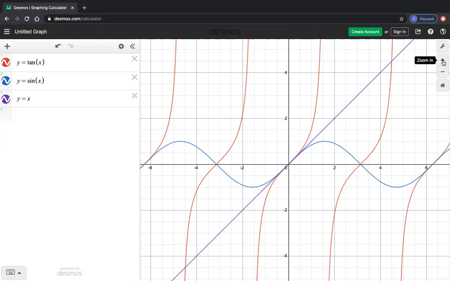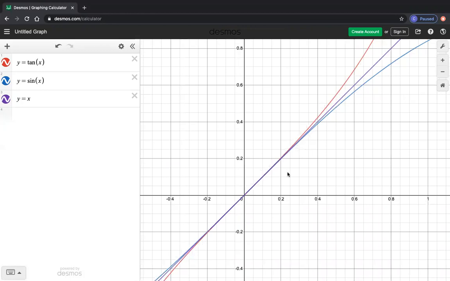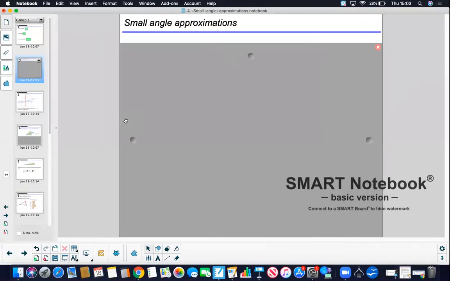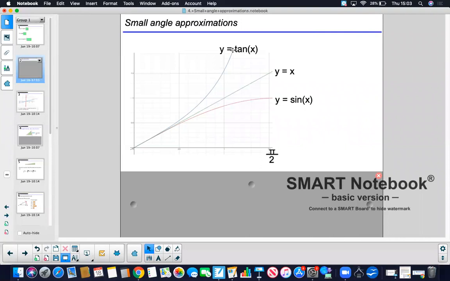Now, we're going to focus in on when we've got a small angle. So if I zoom in here, you should be able to see something quite interesting: at very, very small angles, the three lines are on top of each other. They're all equal to each other. So here it's zoomed in. We've got tan x, y equals x, and y equals sine x.